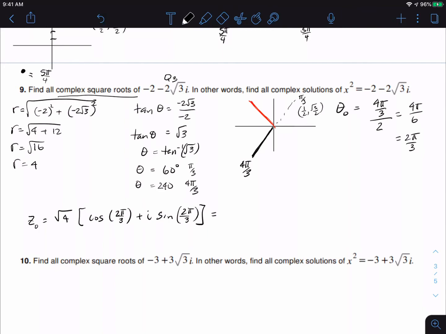Now, square root of 4 is 2. Cosine of 2 pi over 3 puts us in quadrant 2. So instead of it being a positive 1/2, we're going to be at a negative 1/2 plus I, and that's going to stay radical 3 over 2 because we're still above the x-axis. Do you guys understand how I got those numbers?